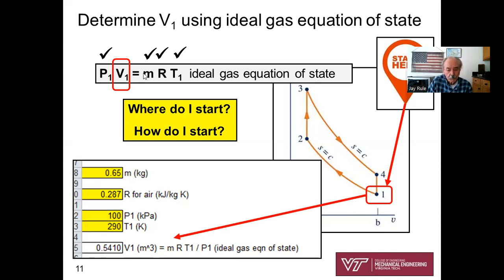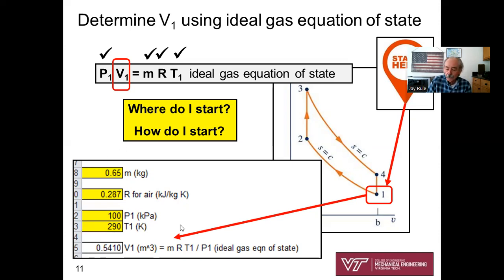In the problem statement, we were given m, R for air. I know what that is. That's easy. And you were also given T1 and P1. So you scratch your head and you say, where do I start? Well, I might as well just calculate V1, because that would be a good place to start. I'll calculate V1. Okay, great.